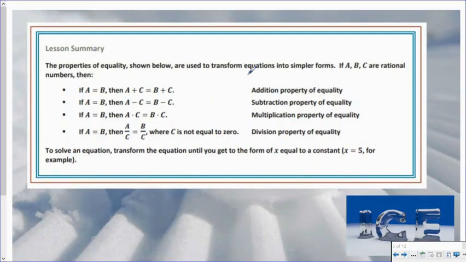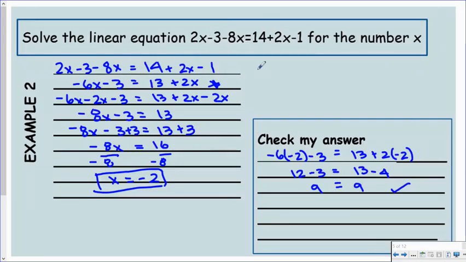So for the summary, just remember that you want to apply the properties. Let me go back really quick because I did not say what property I was using. For this one here, first of all, combine like terms. But then when I subtracted 2x from both sides, that's my subtraction property of equality.